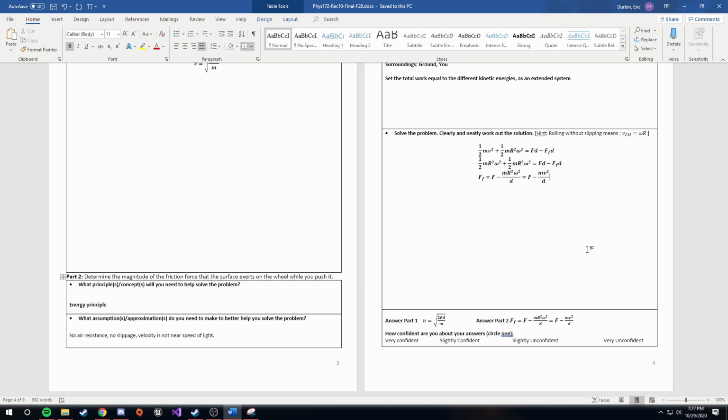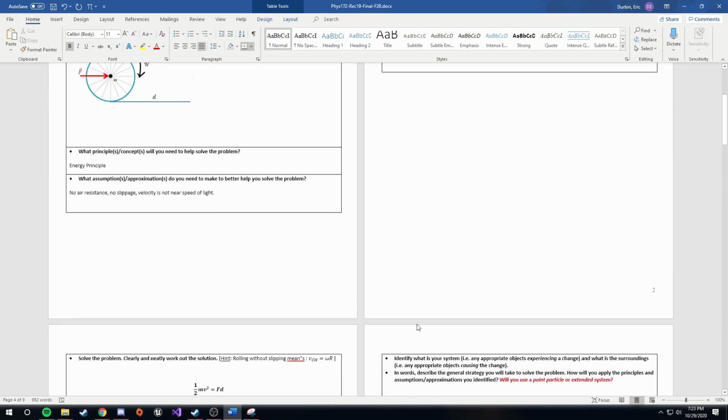So it's the same answer, just substituted some values. Perfect. I'm pretty confident in these, but pretty confident's not a thing, so I'll go slightly confident.